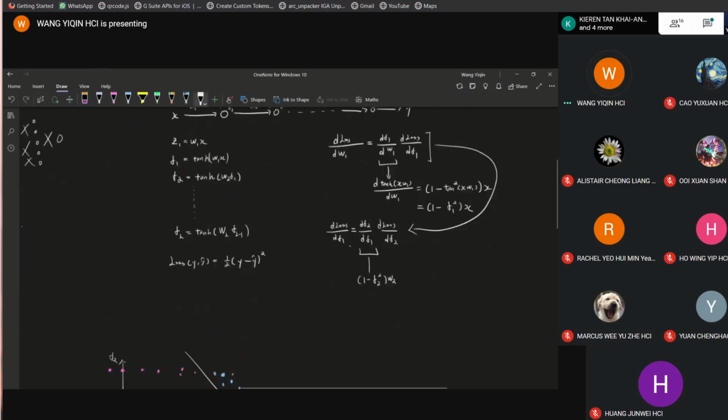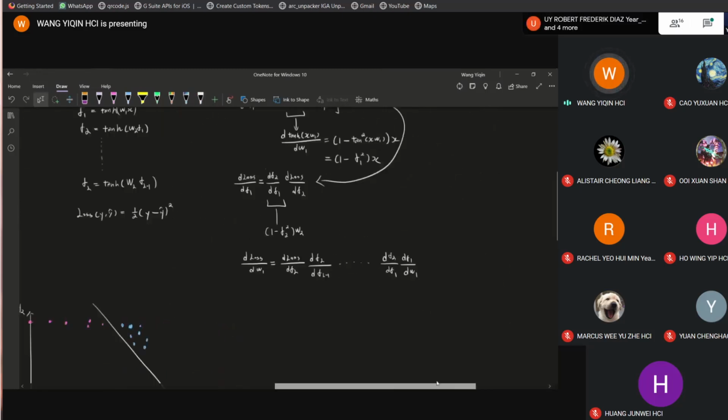So we can write the general one for w1. We have to differentiate the loss with respect to the last activation, and then we multiply this by dfL dfL minus 1. This is essentially what we just did, but we are doing it from the end instead, and so on and so forth. You keep doing this until you get to df2 df1, and then you have df1 dw1.